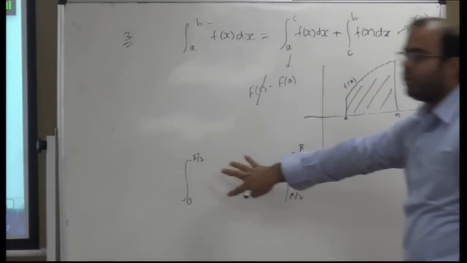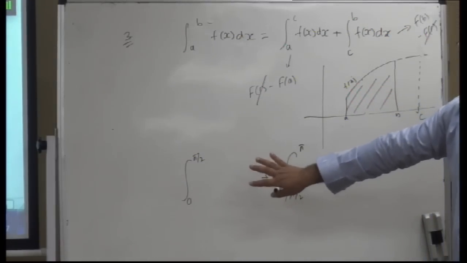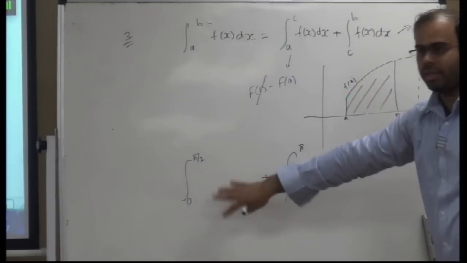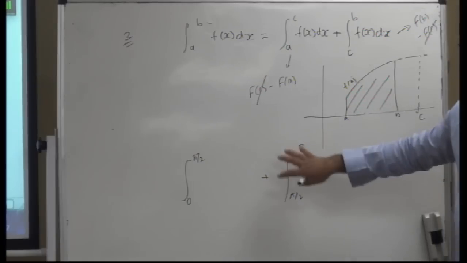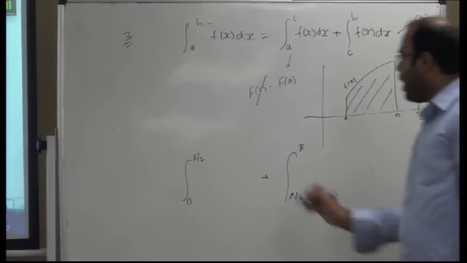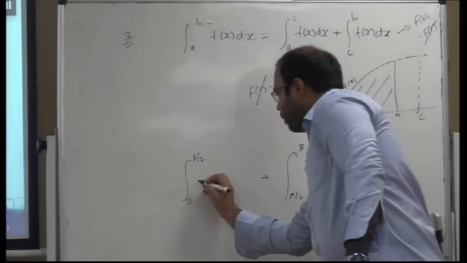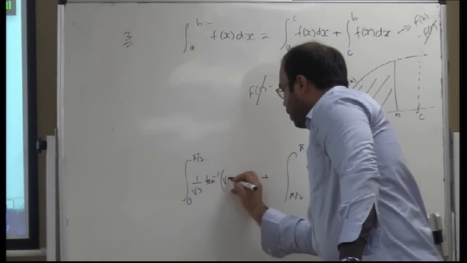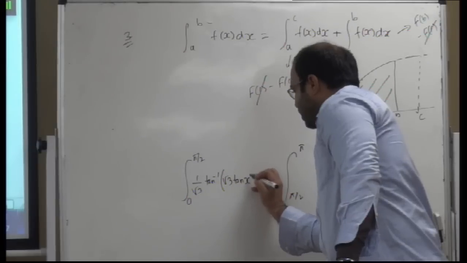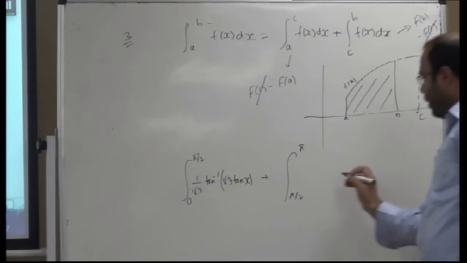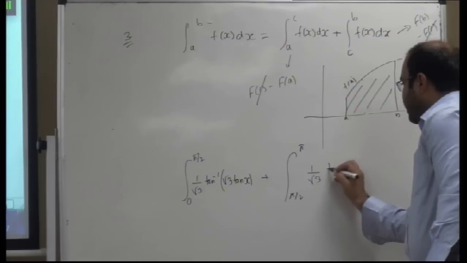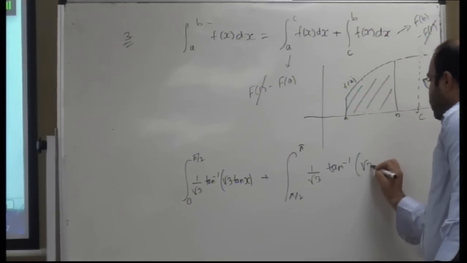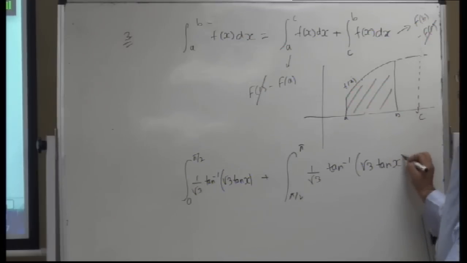In this open interval it is continuous, no problem, you can take an open interval as well. Here from pi by 2 to pi it is also continuous. And what we got there was 1 by root 3 tan inverse of root 3 tan x, if I remember. And here we got 1 by root 3 tan inverse root 3 tan x.